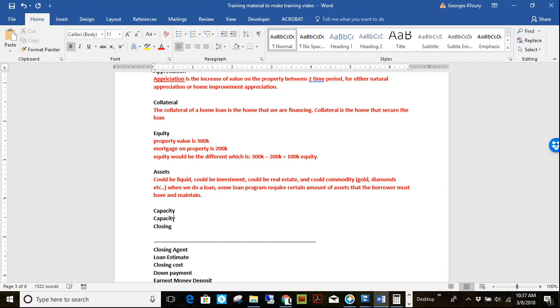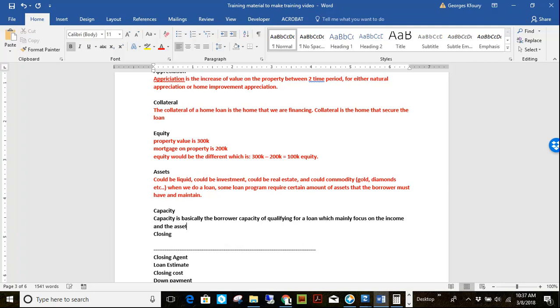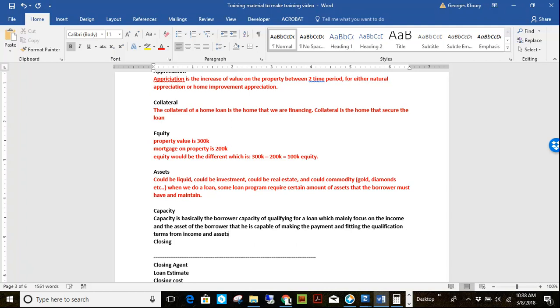Capacity is basically the borrower's capacity of qualifying for a loan, which mainly focuses on the income and the assets of the borrower, that he is capable of making the payment and fitting the qualification terms from an income and assets perspective.